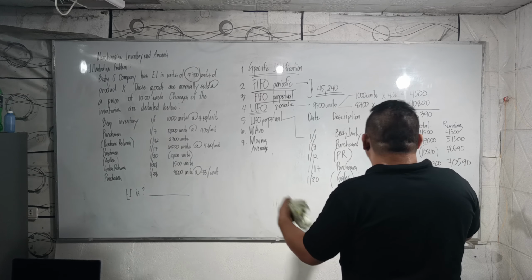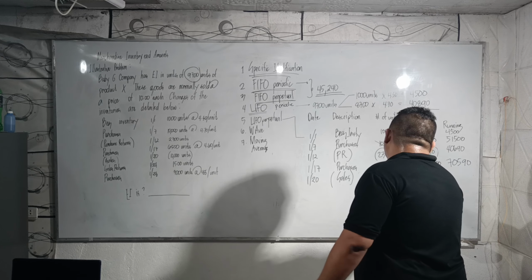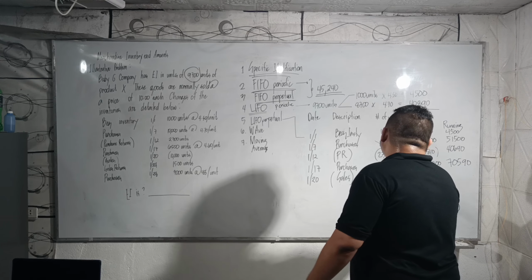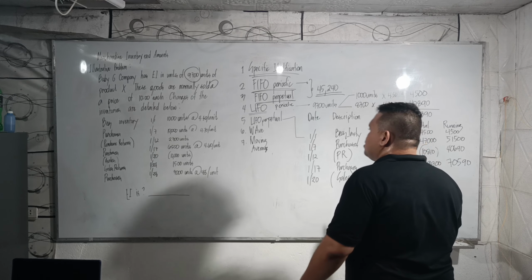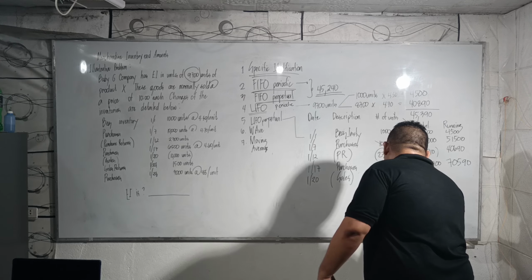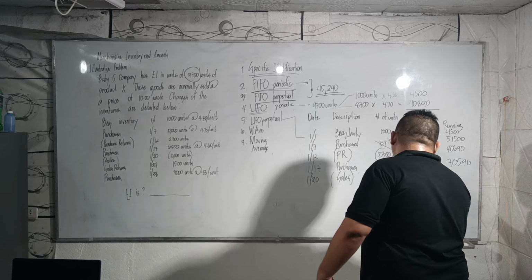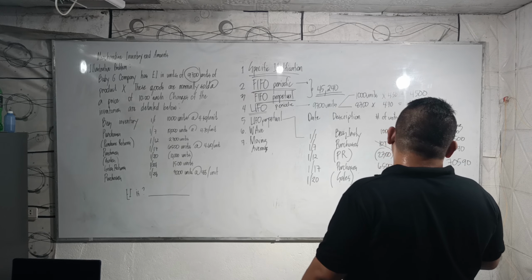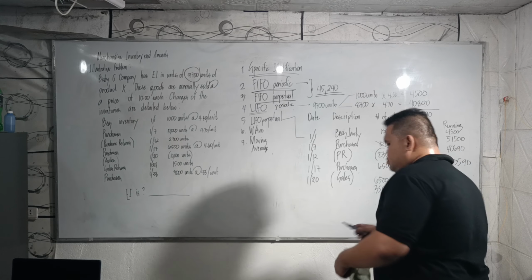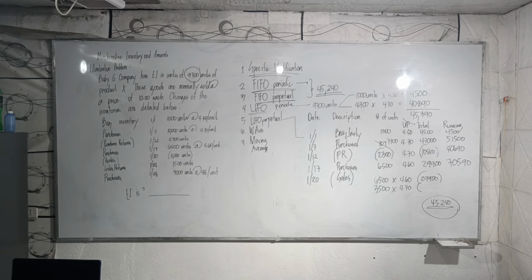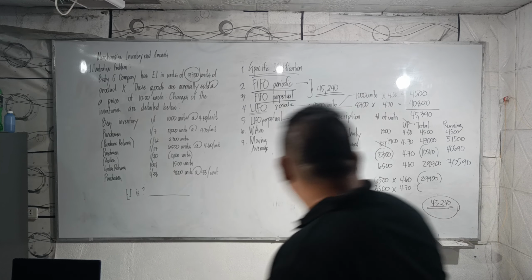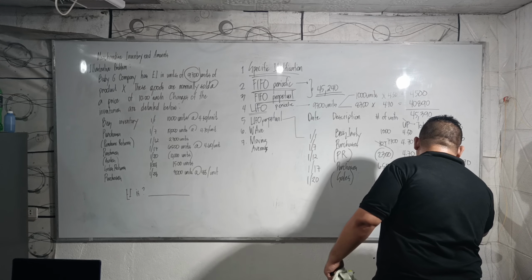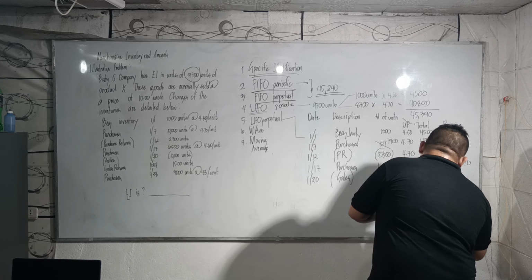So, last in, first out, since this is the one being first sold, the next group will be this one. Right? So that means the 3,500 came from this group, which is at 4.70. So if that is the case, 3,500 times 4.70, we have 16,450. Maybe we could erase this already.